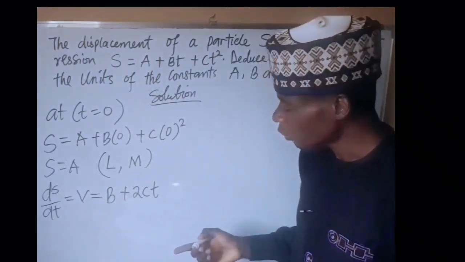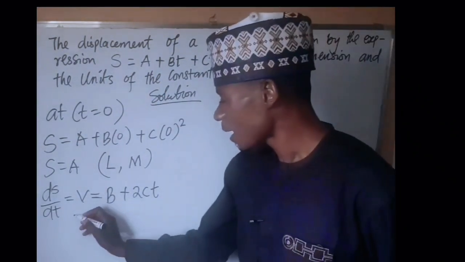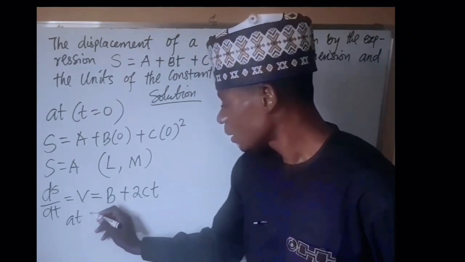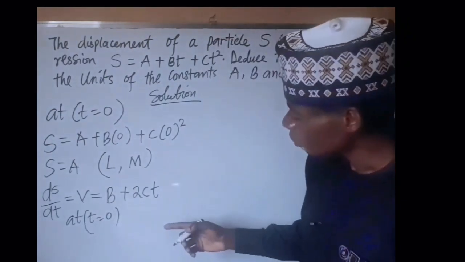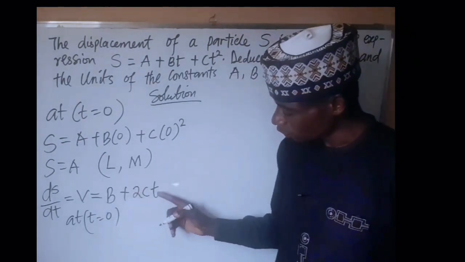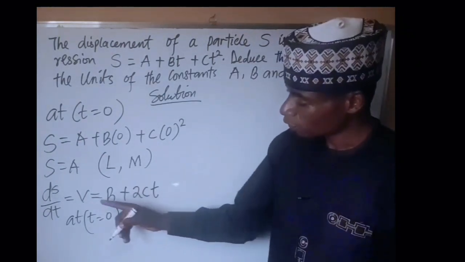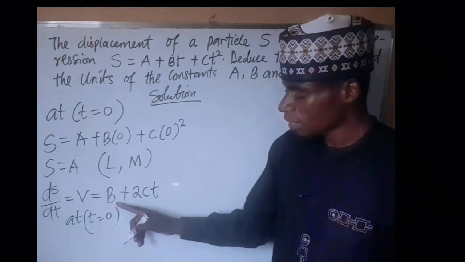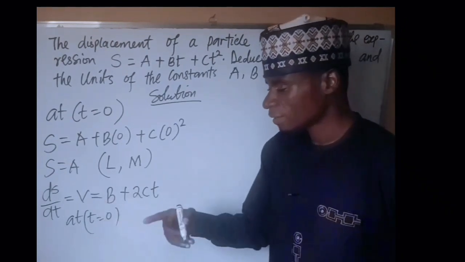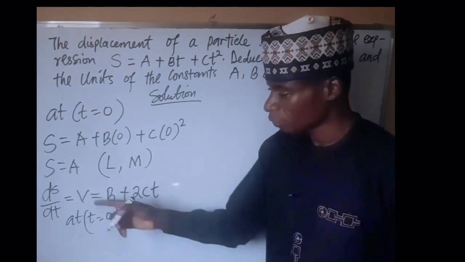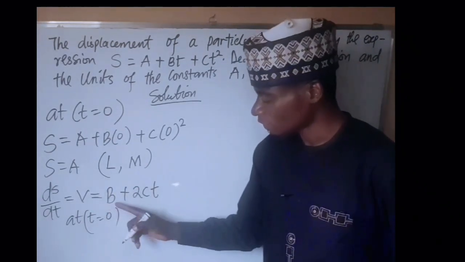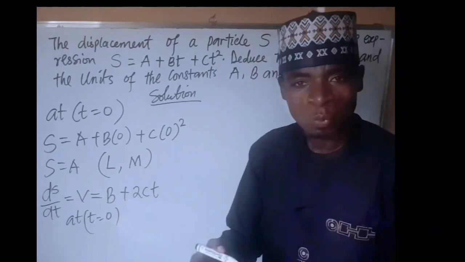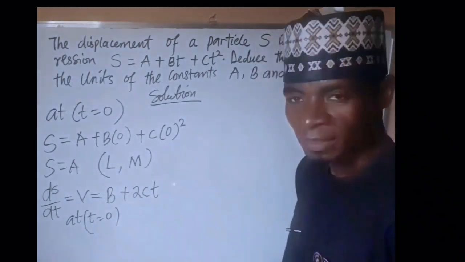So what we're going to do now, we say at t = 0, automatically the whole of this one will become 0. So v will be equal to B. If ds/dt is equal to velocity, and the velocity is equal to B, we then ask what is the dimension of velocity.